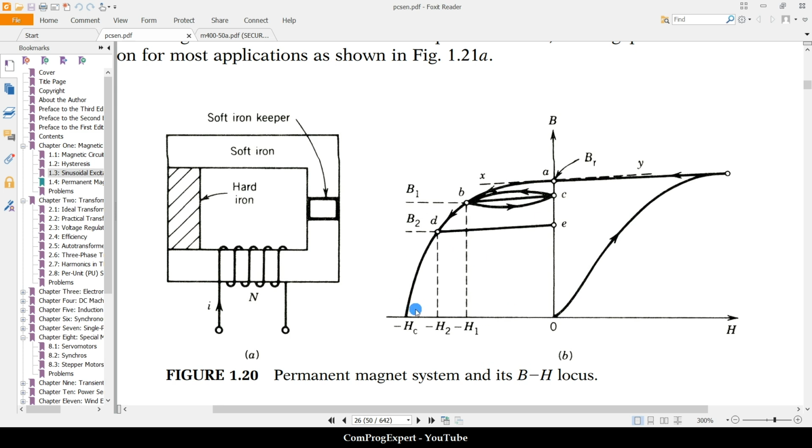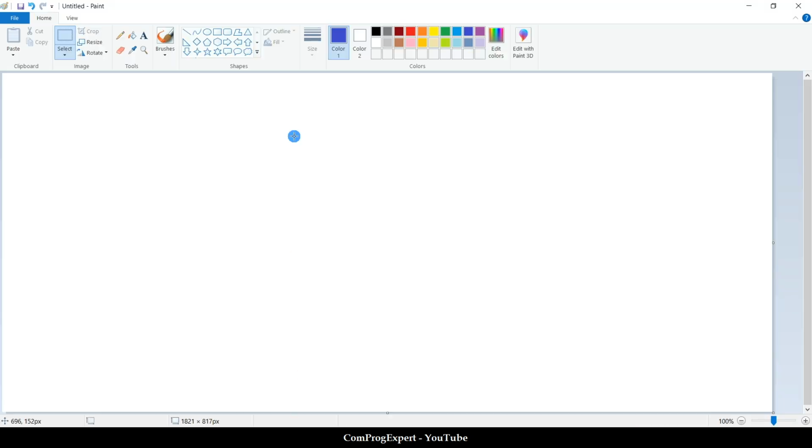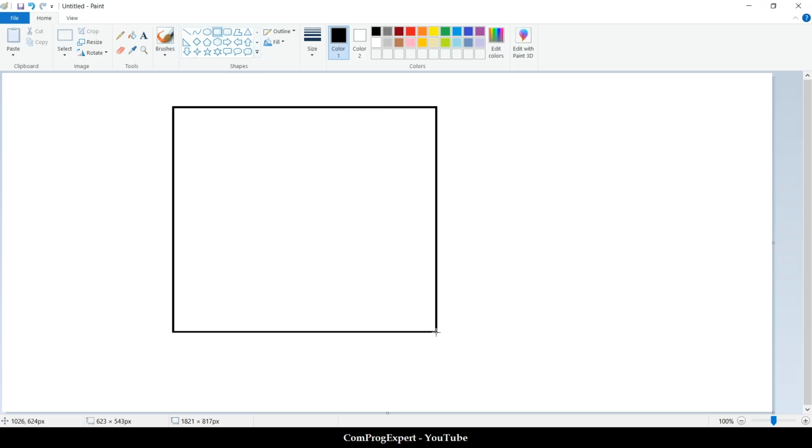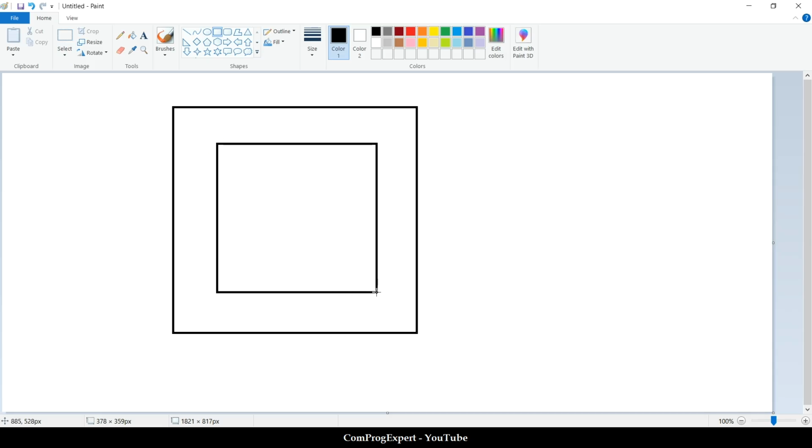So here is the permanent magnet system, and this is the magnetizing process. Yes. So here, if you consider this system, suppose we have this soft iron and this magnet.